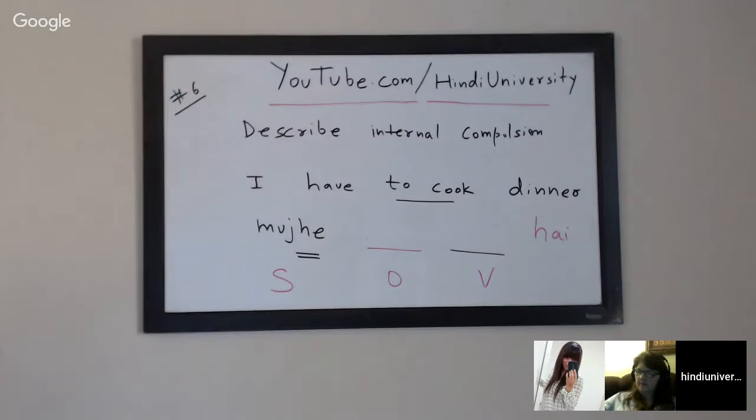So let me give everyone the opportunity before we jump to the answer. Hanadi ji, you are absolutely right when you say मुझे काम करना है, that I have to do work. When you say मुझे काम करना चाहिए, it really means I should work.